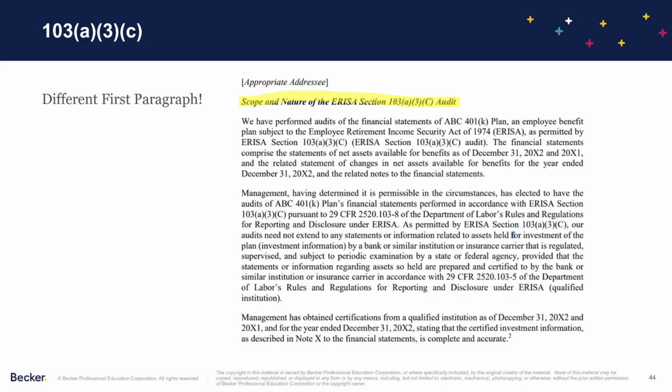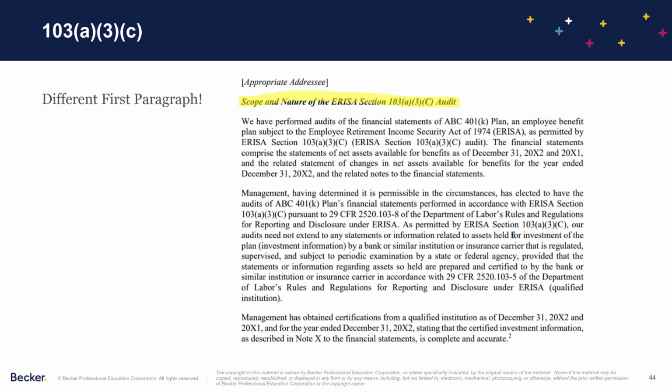So again, if we get this certification from a qualified bank, then we do not need to extend our audit. We're just explaining that this is acceptable, and it gives the code guidance.